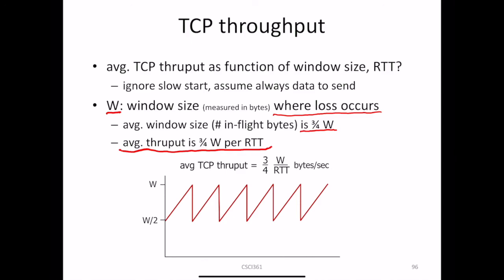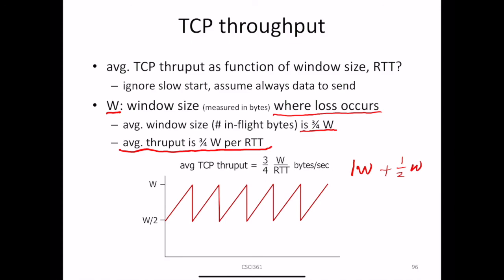As we know, if no packet loss has happened, the window size should be W. When the packet loss happens, we change the window size to half, which is 1/2 window size.